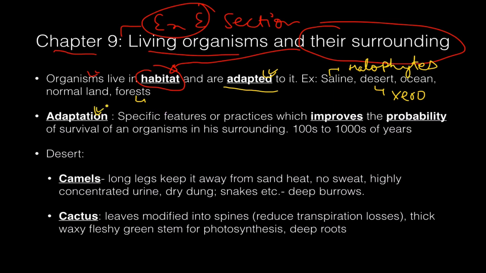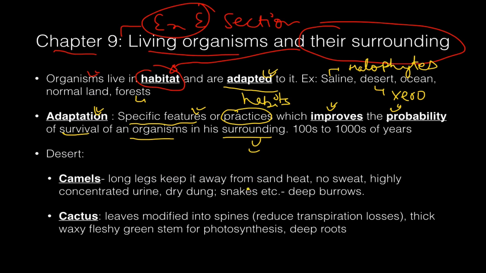Now what is adaptation? They are the specific features or practices or habits of organisms which improve the chance or probability of survival of organisms in their surroundings. This is the perfect definition of adaptation.